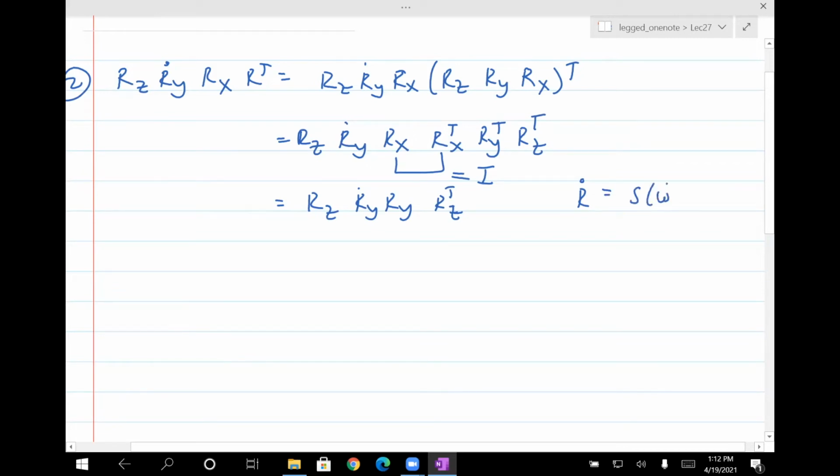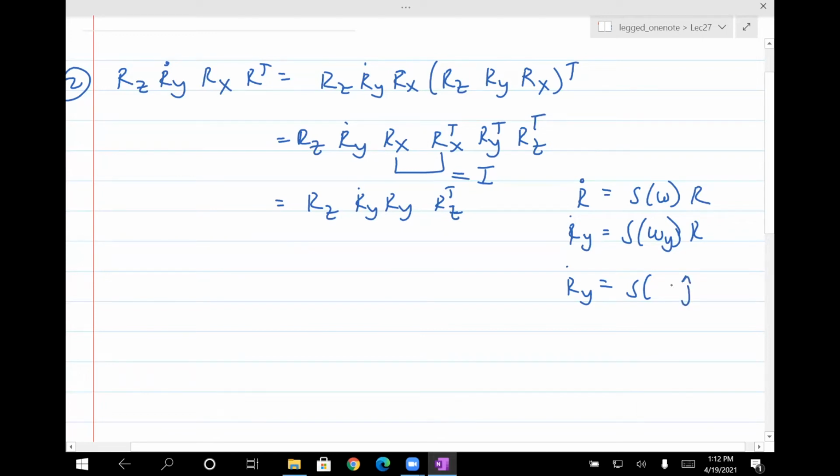Now we can do the same trick, which is R dot is S of omega times R. But if you want to find R dot of Y, it's S of omega Y R. But what is S of omega Y? It's basically the rotation about the Y axis.